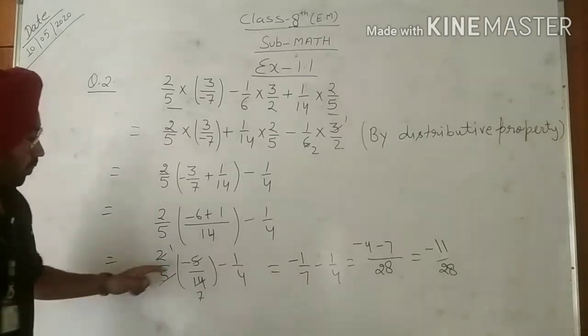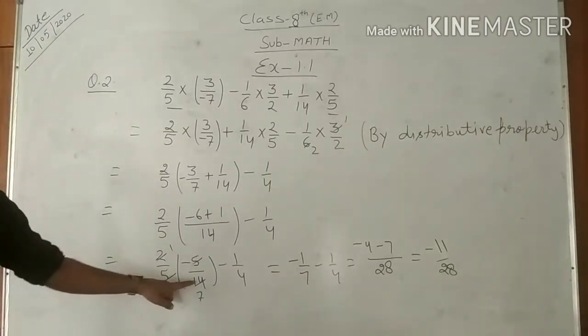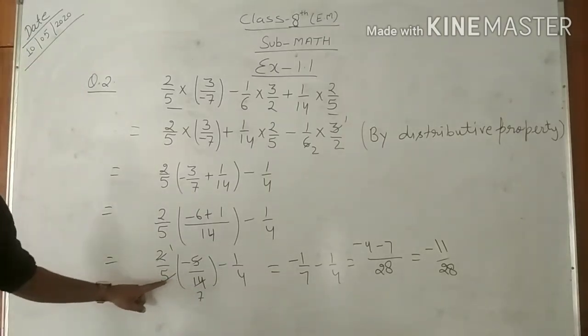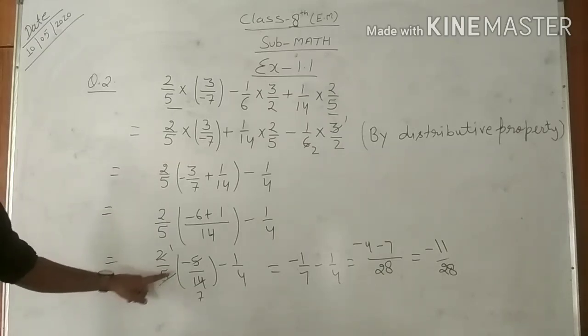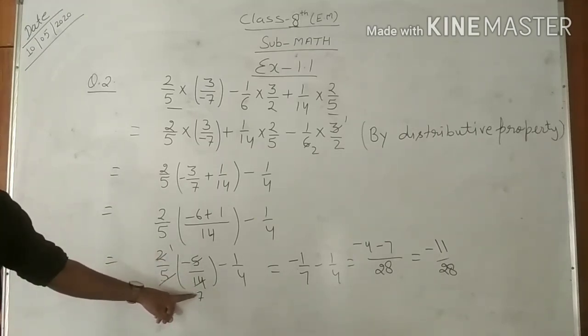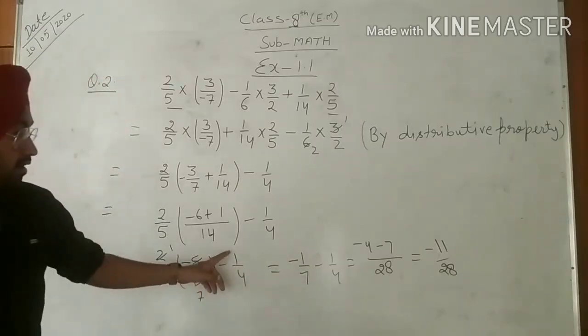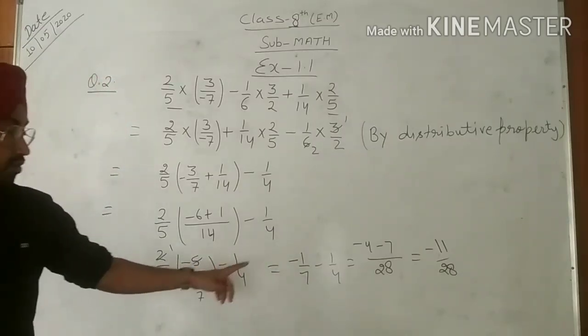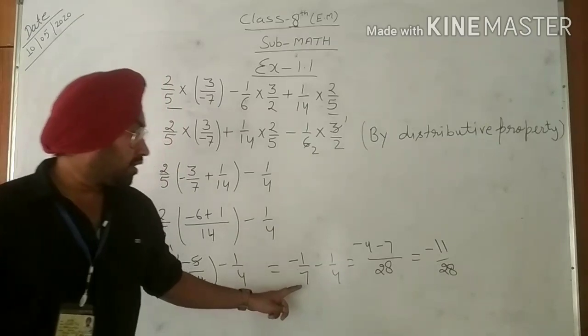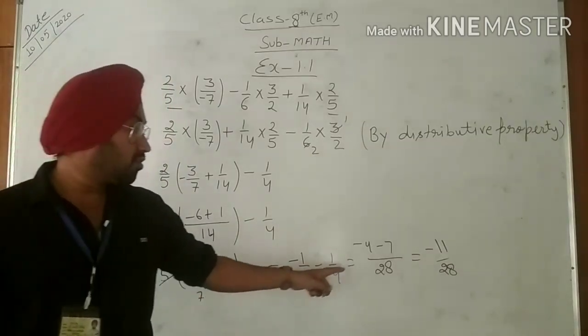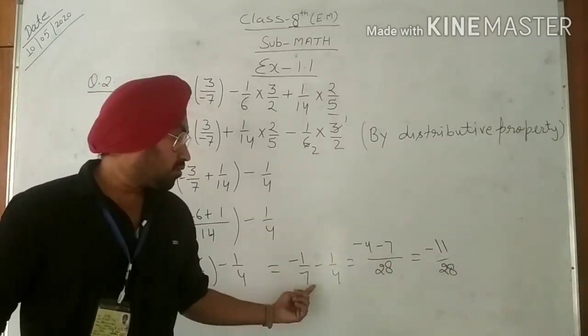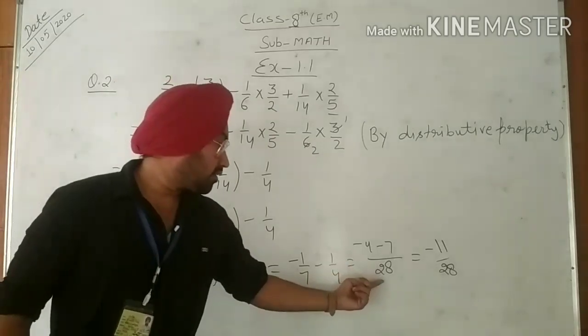Becomes 14. Both two numbers are in multiplication. So 5 to 5 cancel, and 14 is cancelled by 2 7 times. So it becomes minus 1 upon 7, and here it becomes 1 upon 4. Then we take LCM of 7 and 4. The LCM of 7 and 4 is 28.